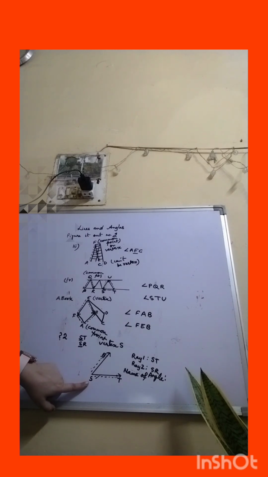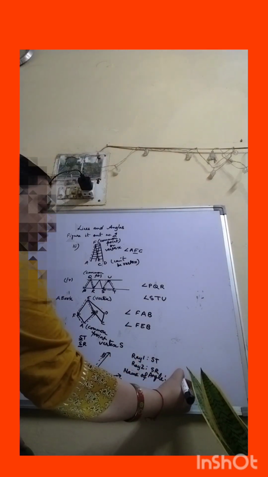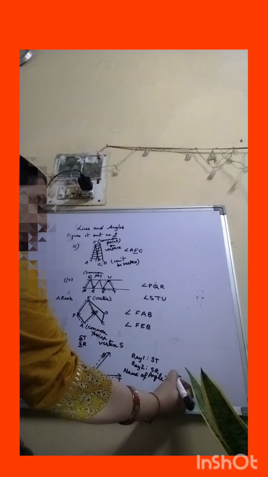The vertex S should come in middle. So vertex S and then RST. Angle RST is the angle formed here. So this is how you can draw an angle with a common vertex and the two rays given. Moving to next question.